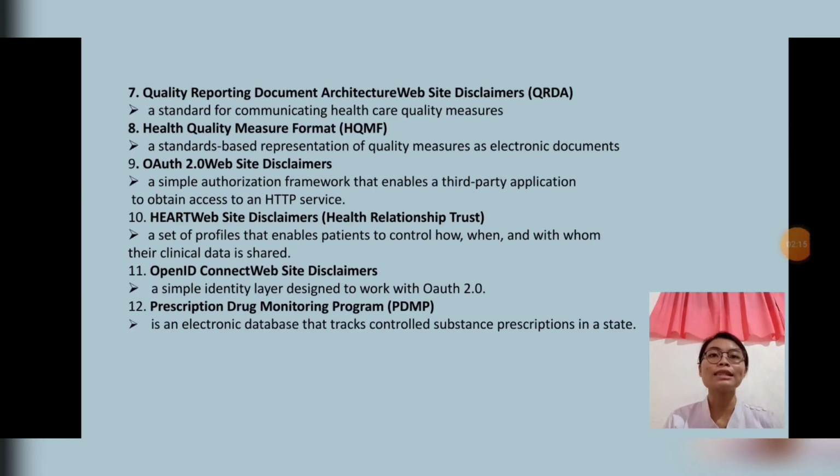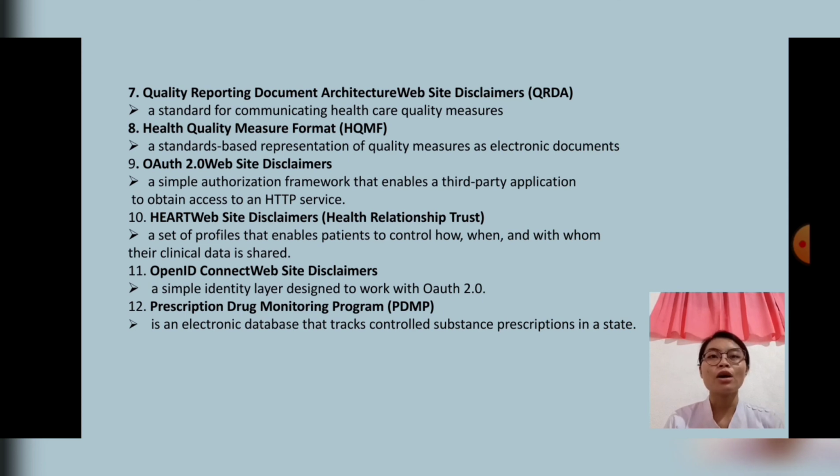Seventh is the Quality Reporting Document Architecture, or QRDA, a standard for communicating healthcare quality measures. Eighth is the Health Quality Measure Format, or HQMF, a standards-based representation of quality measures as electronic documents.